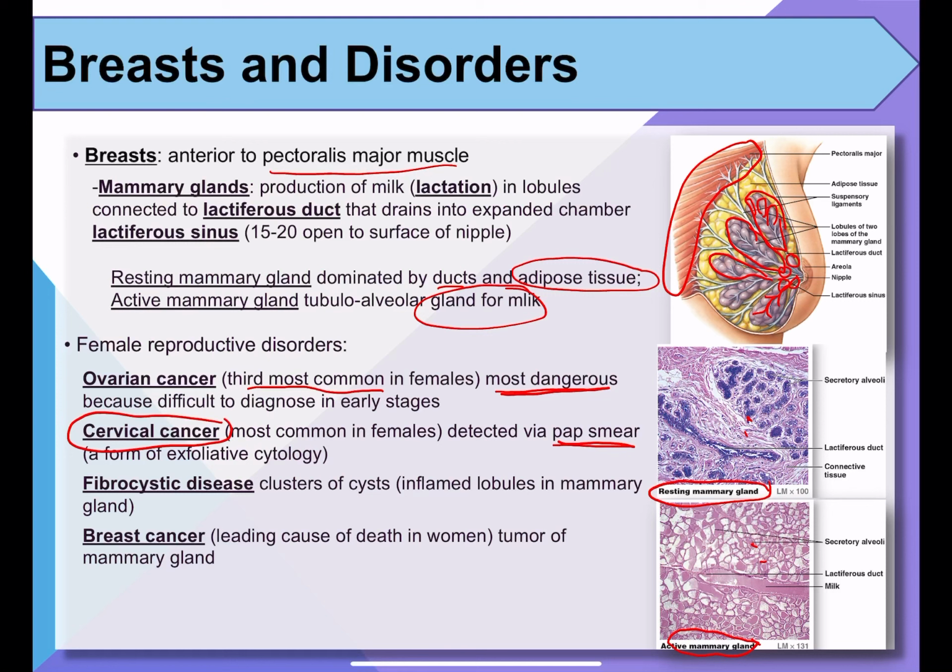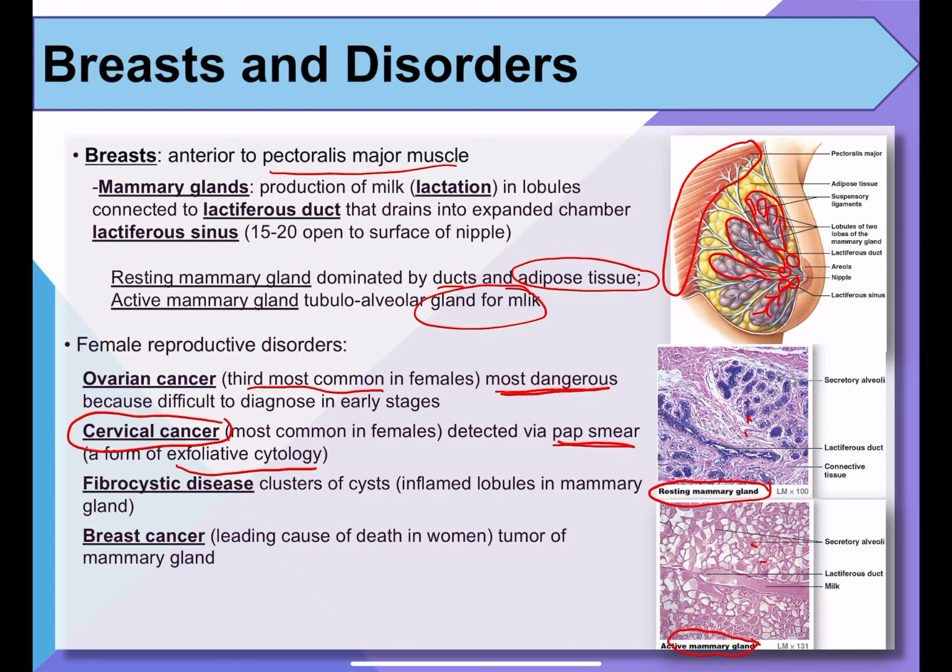And pap smear is a form of exfoliative cytology where the doctor will open up the vaginal canal, okay, and they will put a swab in there, kind of scrape off some cells from the cervical area, okay, the cervix, and then they would actually do a biopsy with your cells, okay, and try to do a histology slide out of it and see whether they can detect any abnormal looking cells that look like they're forming a tumor, okay. So that's what pap smear is important for, in case there is cervical cancer forming within that area.